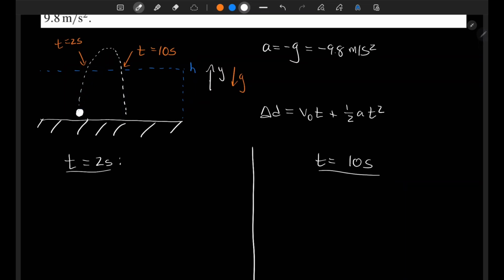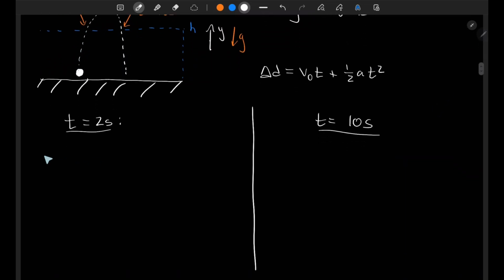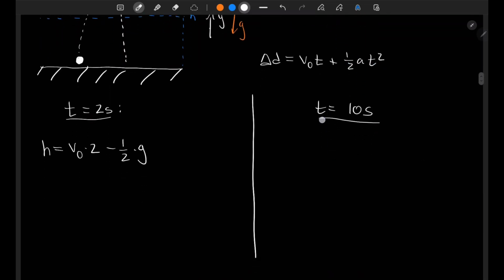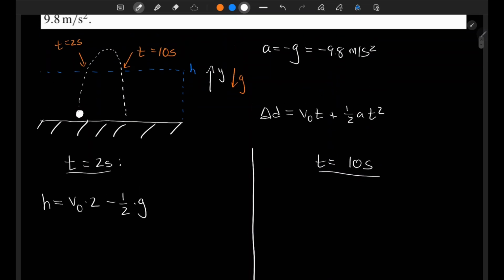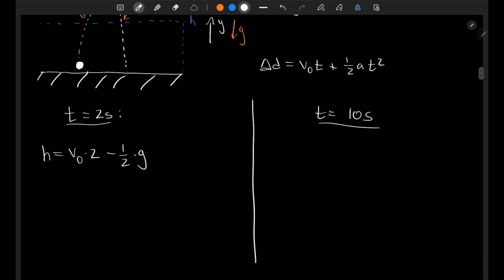In both cases, like we said in the picture, the displacement is h. So here, h is equal to v naught, which we don't know, times 2, minus 1/2 times g, because we said that a is equal to negative g, times 2 squared.